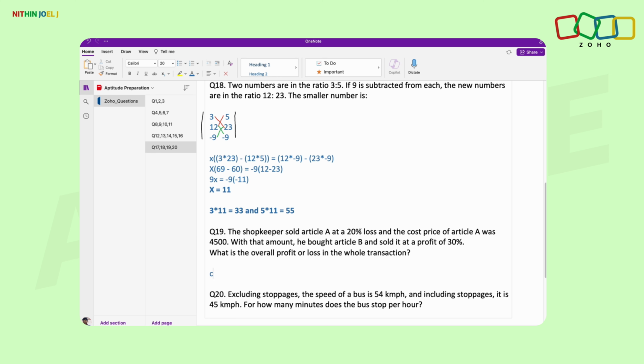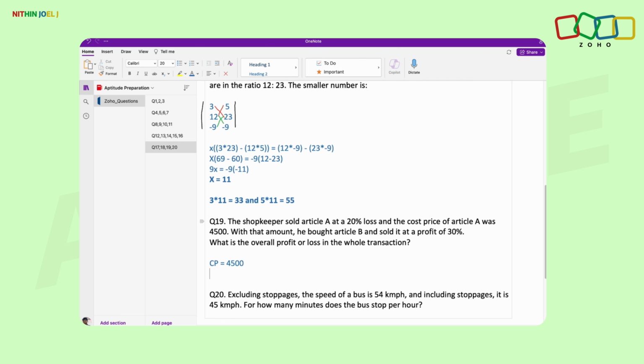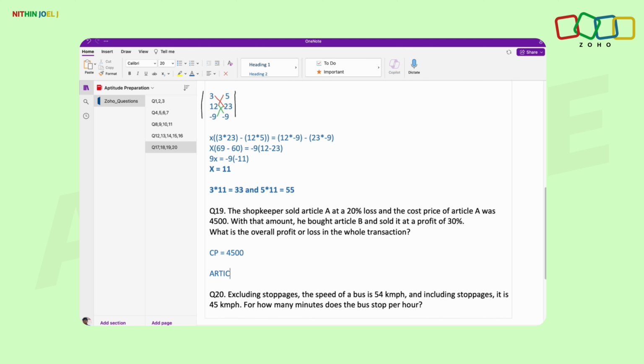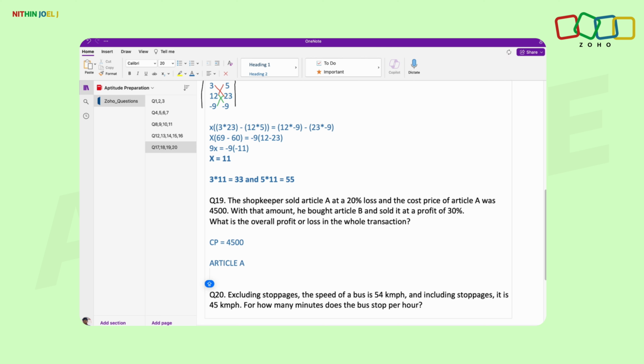Let's keep CP equal to 4,500. So he sold article A with a 20% loss. So 20 divided by 100 into the cost price, 4,500, which is equal to 900.